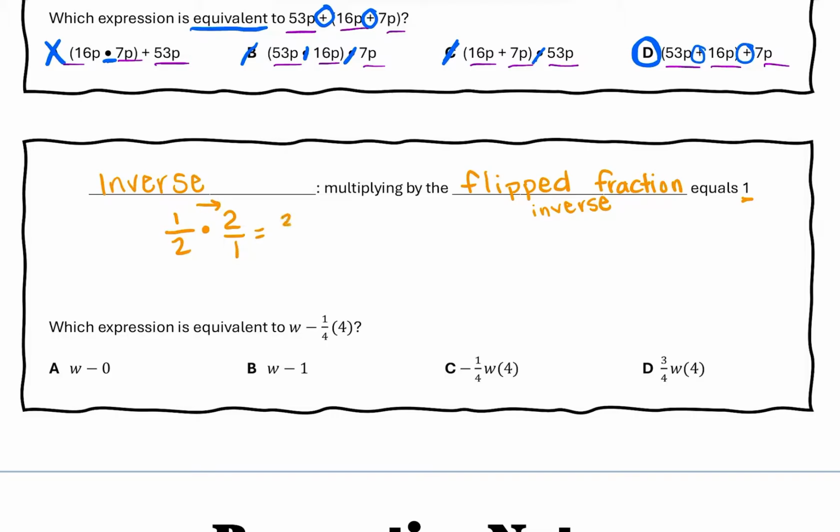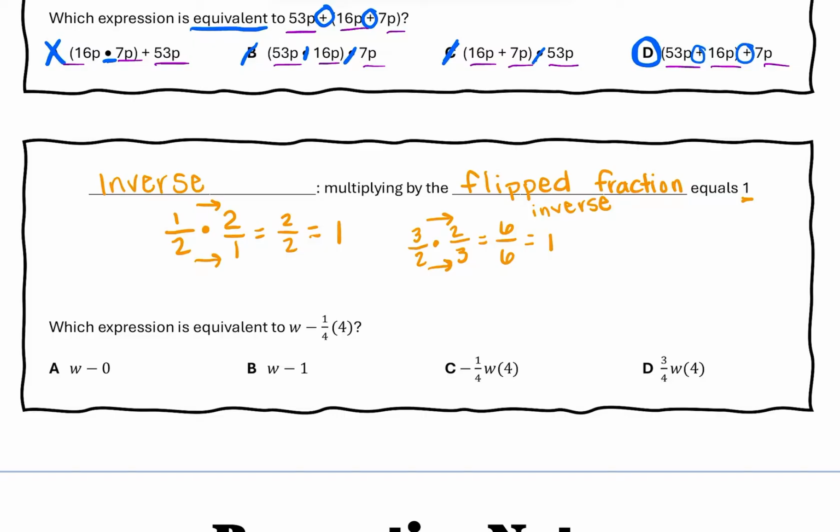Top times top, 1 times 2 is 2. Bottom times bottom, 2 times 1 is 2 as well. And 2 halves equals 1 whole. Let's think of another one. 3 over 2 times, flip it, 2 over 3. That would give me 6 and 6, which equals 1 whole.